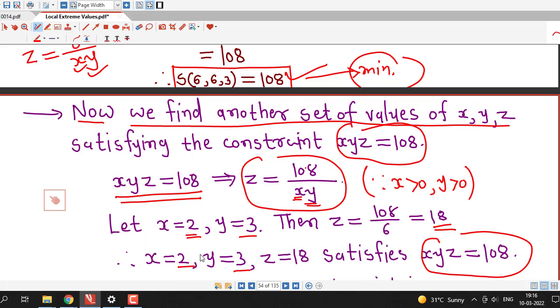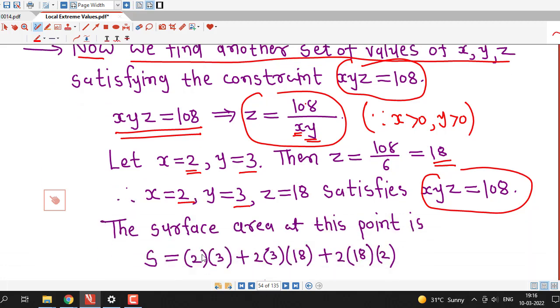Now we calculate the surface area for these values of x, y, z. So we have x into y, that is 2 into 3, plus 2 into yz, that is 2 into 3 into 18, and 2 into zx, that is 2 into 18 into 2.